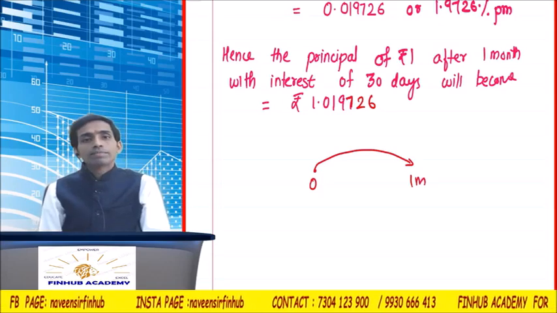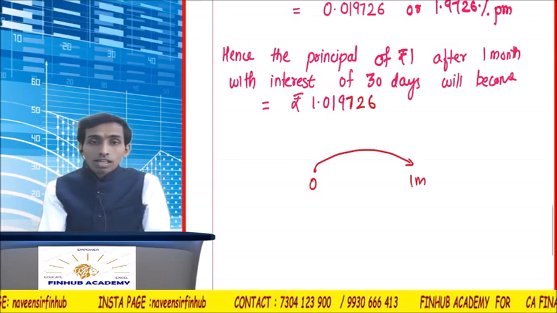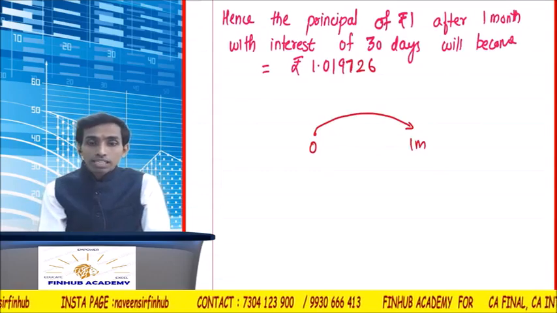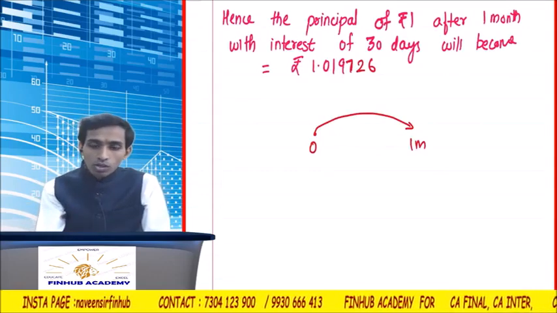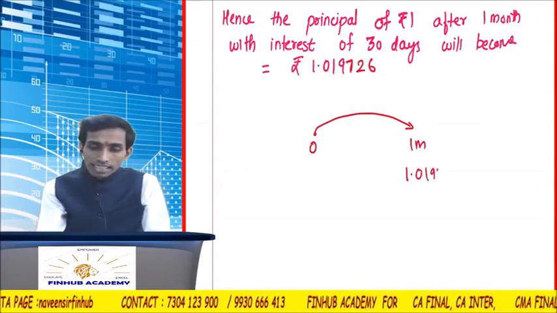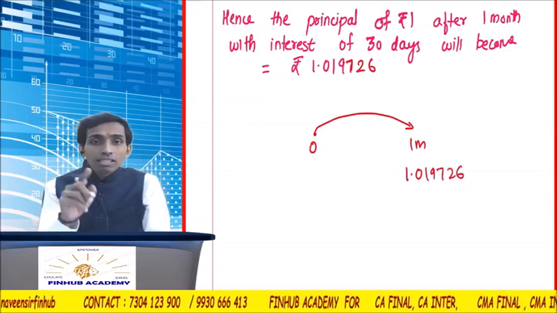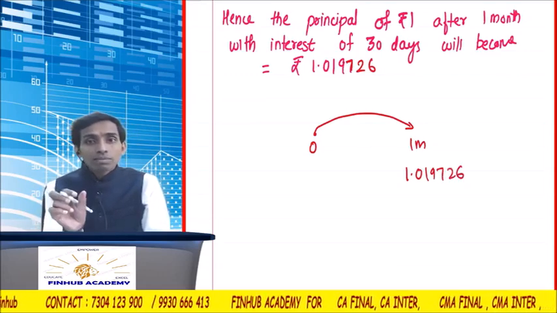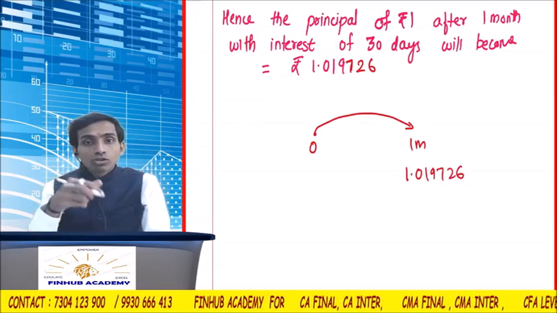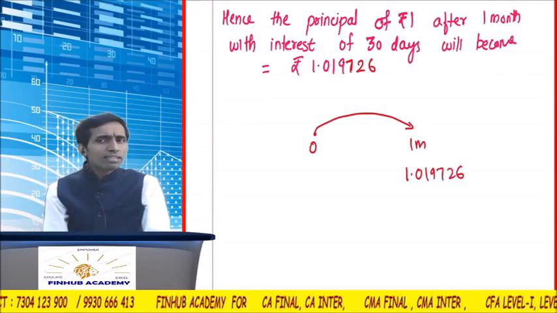Do you agree? But the cash discount is given today. So I will calculate the present value of 1.019726. That present value, that much you should pay me today. Do you agree?